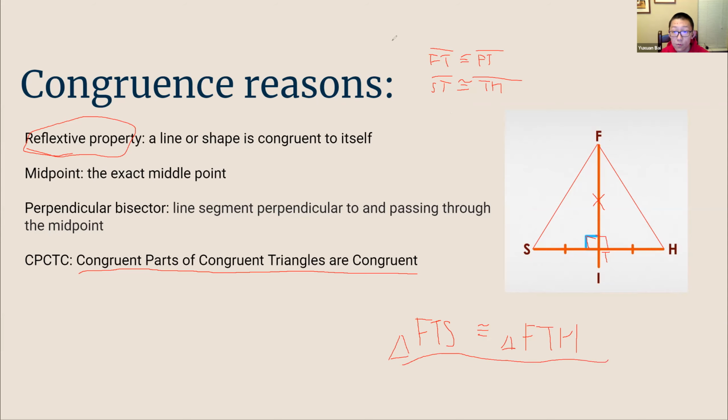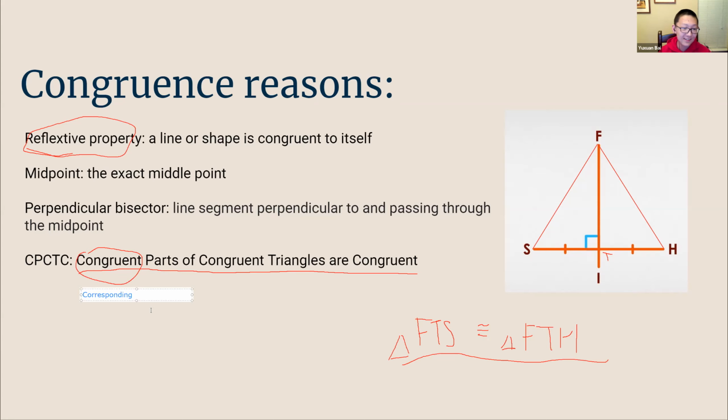Once you know that the two triangles are congruent, you can then say that... okay, this is wrong. This should be corresponding. I'll type it out. I didn't notice the first time I read it, sorry.